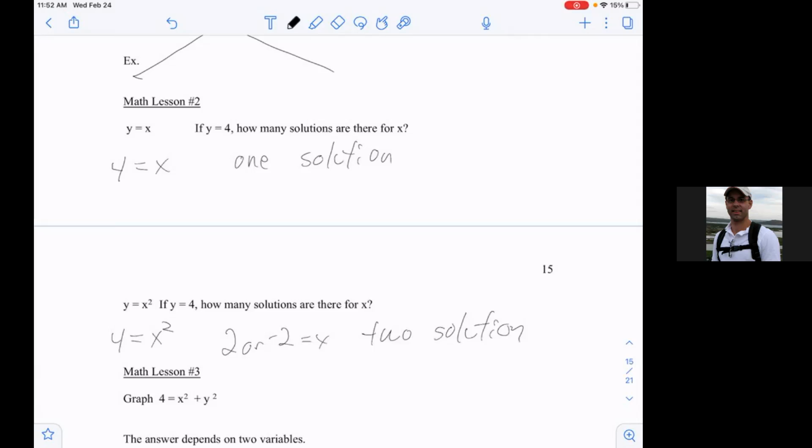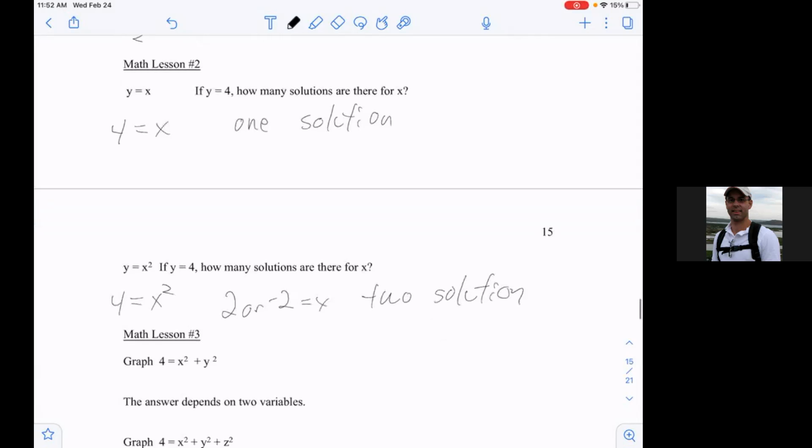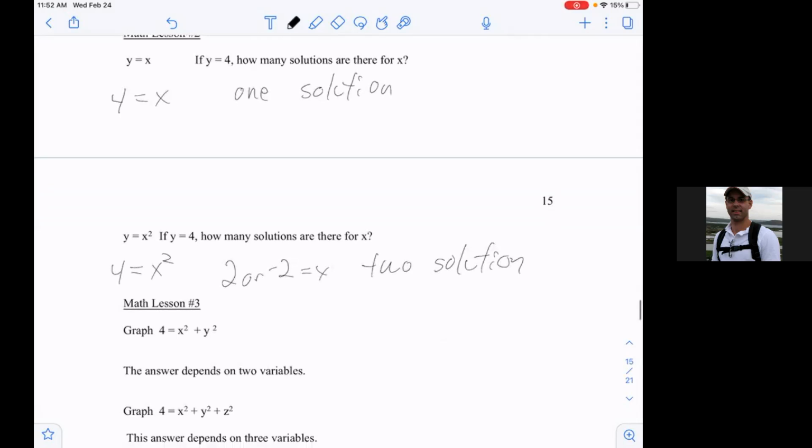So we have 2 solutions now. And this is why we don't teach you the correct model of the atom, is because we are going to assign a probability to the answers. What is the probability the answer is 2? And what is the probability the answer is -2? 50%.